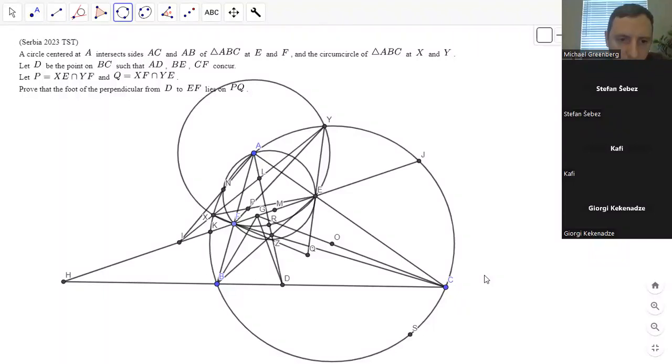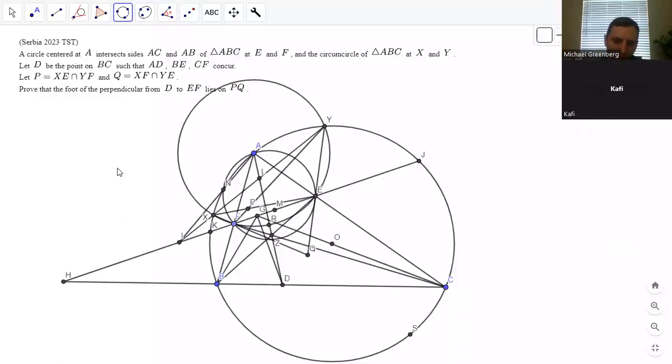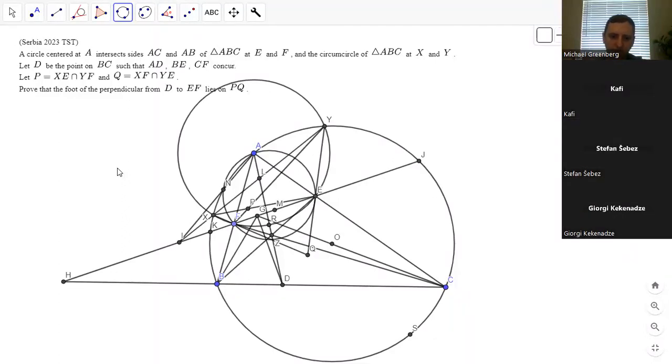So I think we're getting close here. Okay, so we have a spiral similarity. Yeah, so we want to show N and G are corresponding points in the spiral similarity.